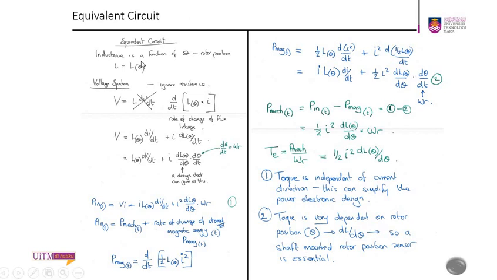So the voltage equation, okay, we know that to get the value of voltage, it is the derivative of L times I, okay, V equals d over dt of L I, and it's because of the rate of change of flux linkage.